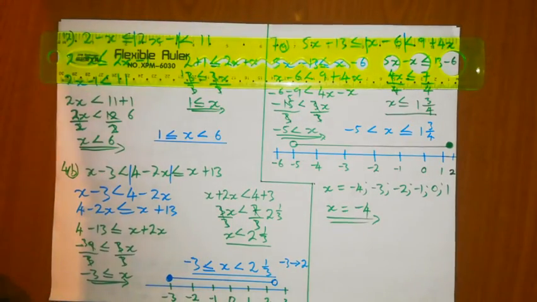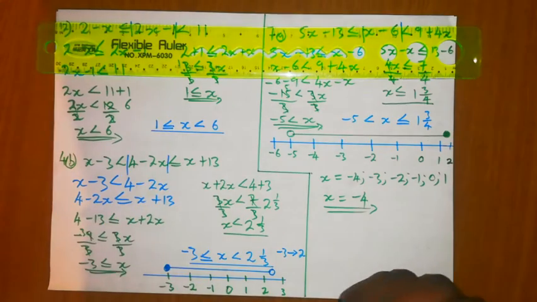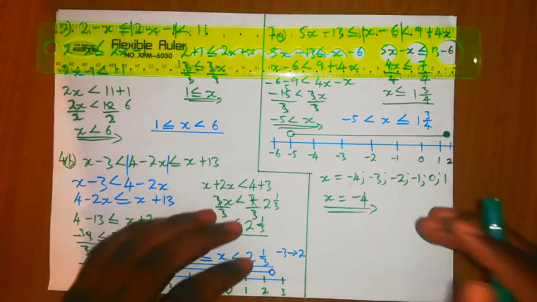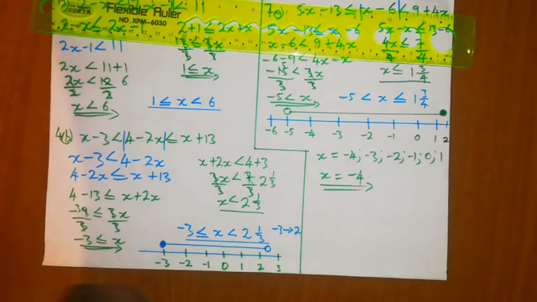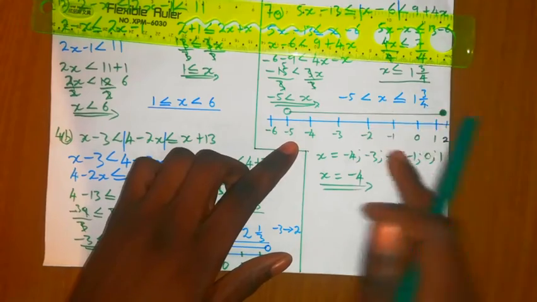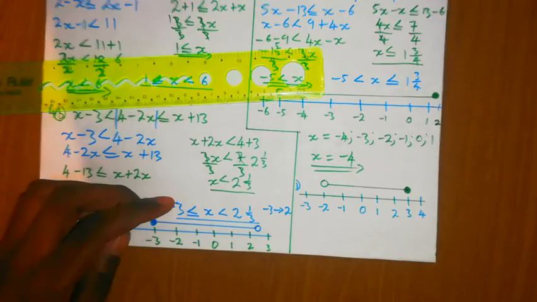Then I want to show you this other concept that might appear especially in Cambridge examination questions. A question might appear in the form of a number line that will require you to deduce the inequality. Let me give you an example.